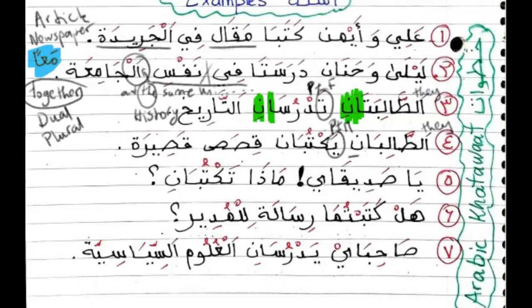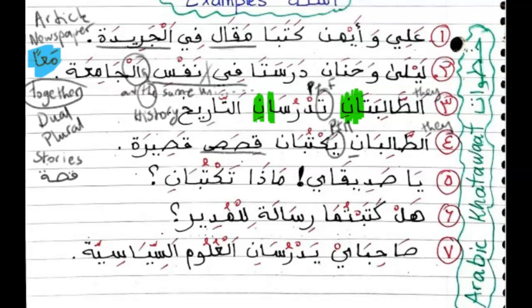Let me read it one more time. الطالبان يكتبان قصص قصيرة. The two male students are writing or write short stories. And قصص is the plural. This is stories. قصص is the stories. And the singular would be قصة.